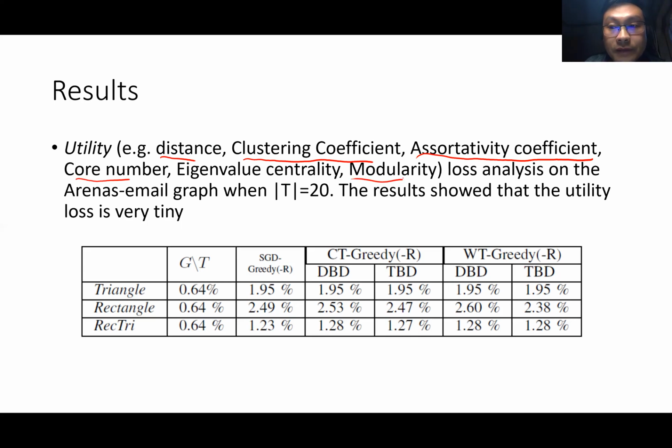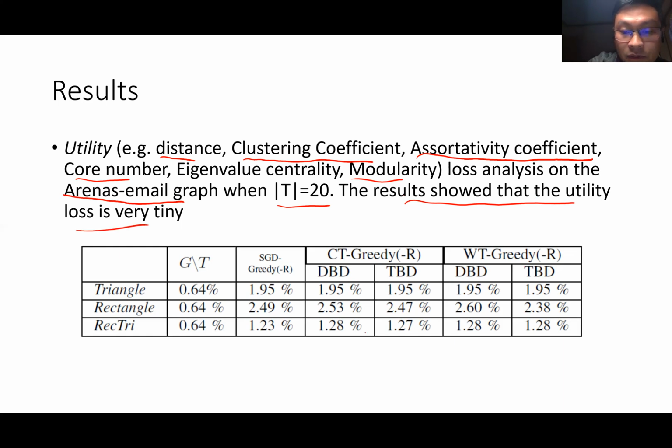In this experiment, we do the utility loss analysis on the Arenas email. We set the budget so that there are 20 targets to be preserved. After all targets are fully well protected, the results show that the utility loss is very tiny.